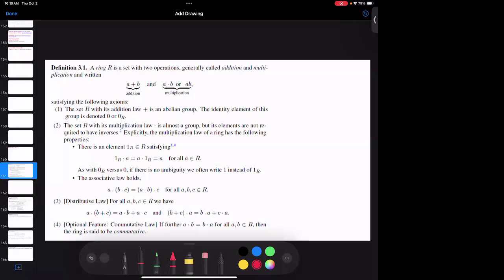Why do you think it's important that not every element has to have an inverse? What could be the issue? Can you think of any element that might have problems with having an inverse?